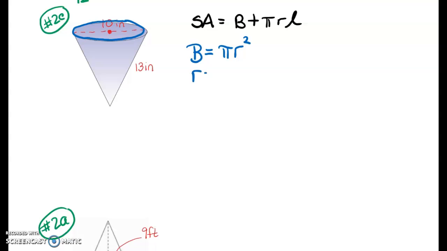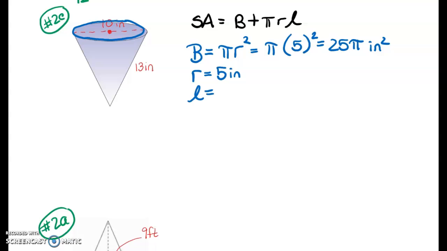They gave me a diameter instead, so my radius is half of my diameter. So when I plug that in, I get pi times 5 squared is 25 pi inches squared. And now I can find, oh, they gave me my slant height, which is really nice. It's 13 inches. So I have everything I need to find the lateral area.